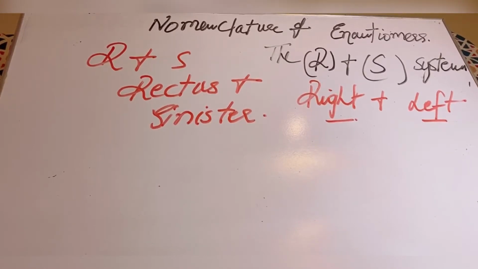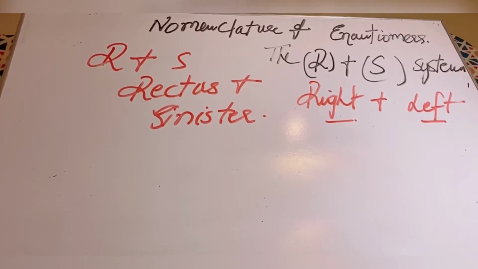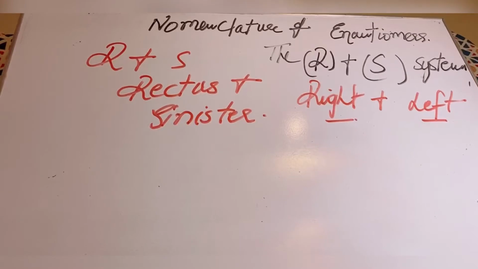Now let's follow what the R and S forms are by the following few rules. Now I will draw this 2-butanol molecule over here so that you can easily see how to designate different positions and how to give the priorities.